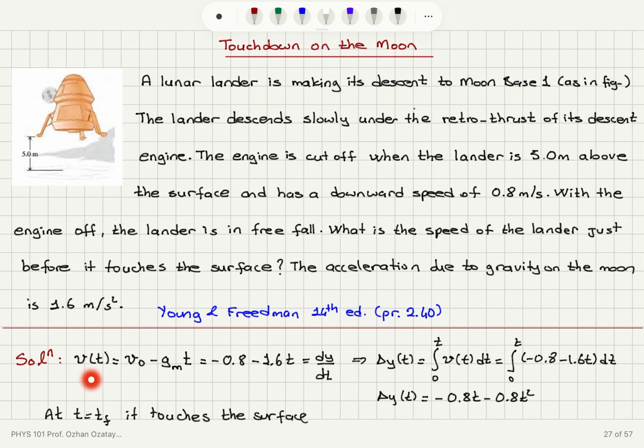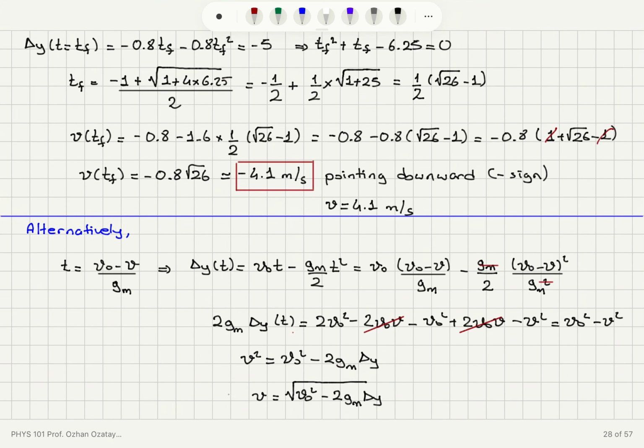It is the constant acceleration motion, and at time tf it touches the surface by traveling a distance of 5 meters, so delta y is minus 5 from where it started to where it ends, and delta y is related to its velocity as a function of time, the integral from 0 to t of v of t dt.